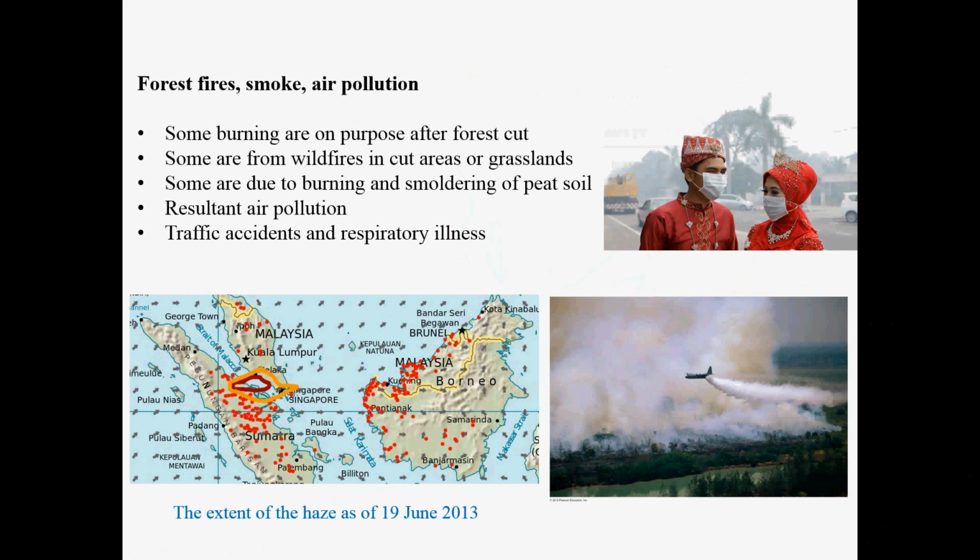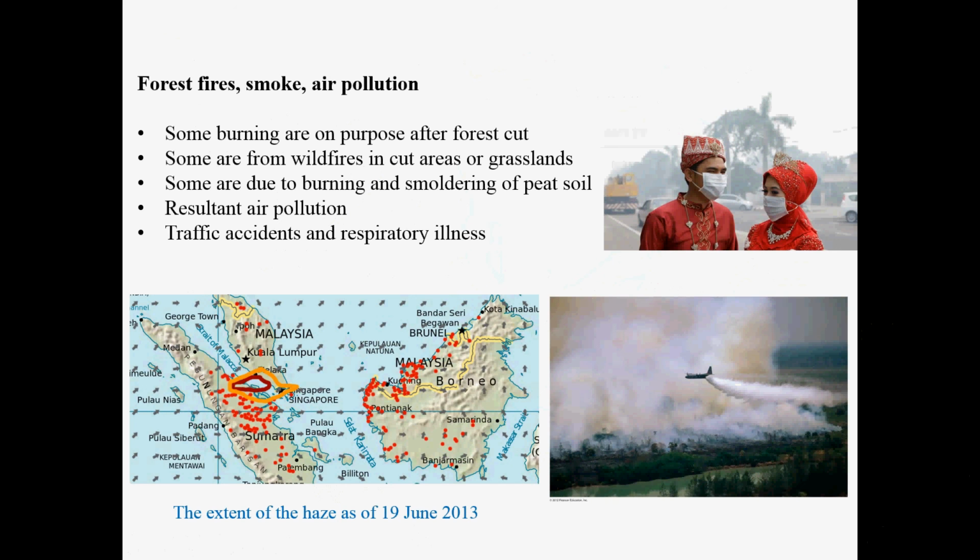In addition, you have the burning and smoldering of peat soil. Peat is an accumulation of decaying organisms, decaying vegetation. Those peat deposits have been there for hundreds of years, and as they accumulate, they eventually become very hot, and they start smoldering or even burning.